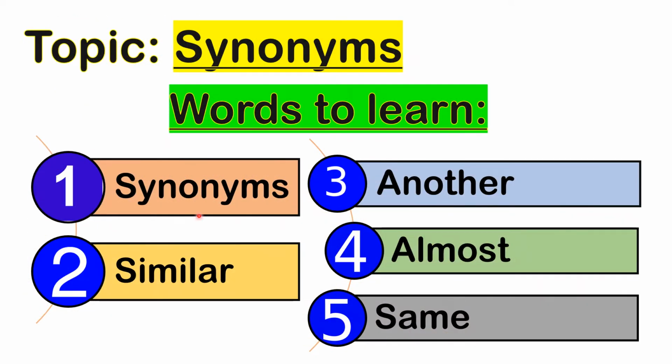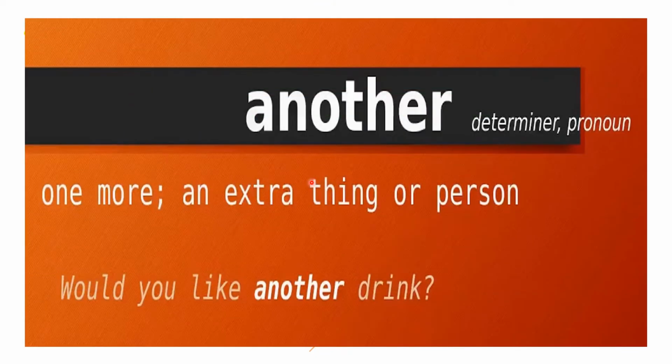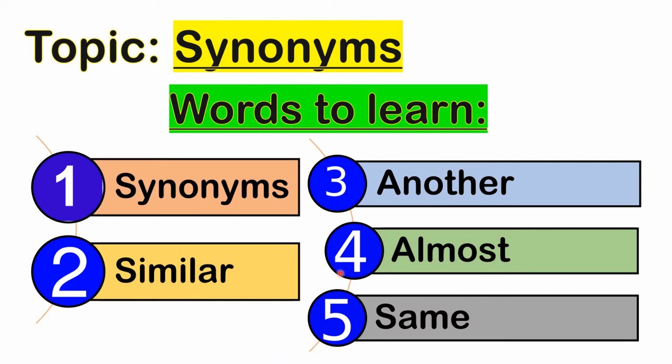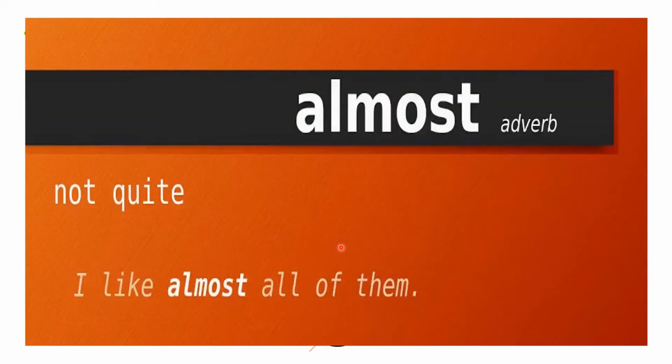Next, the third word is another. Another means one more, an extra thing or person. For example, would you like another drink? Fourth word is almost. Almost means not quite, almost the same but not the same.